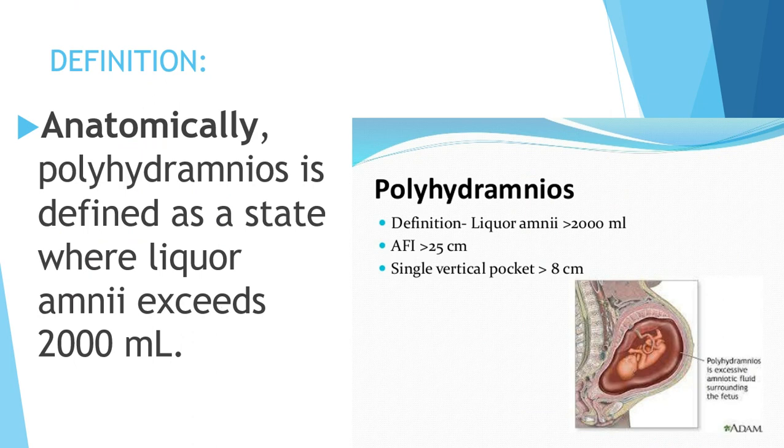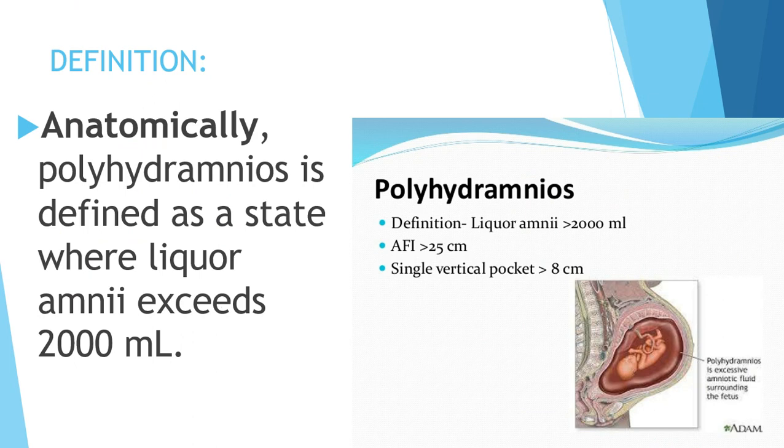So if in a single vertical pocket the fluid level is more than 8 centimeter, or the 4 quadrants total, when we measure, is more than 25 centimeter, it is known as polyhydramnios.